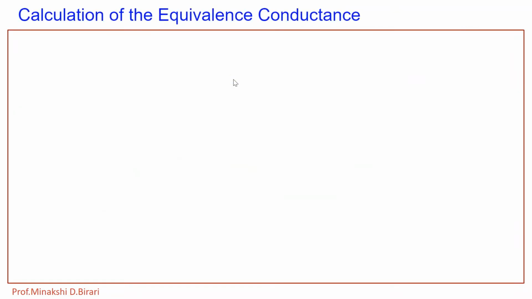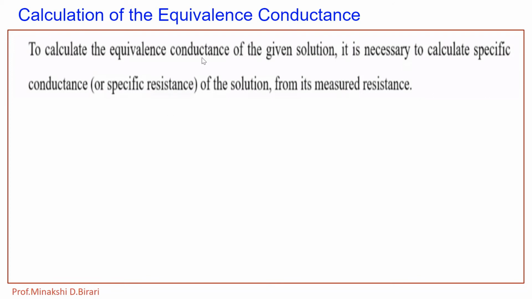Now, next, by using Wheatstone bridge circuit, the calculation of equivalence conductance will be carried out. To calculate the equivalence conductance of the given solution, it is necessary to calculate specific conductance of the solution from its measured resistance.